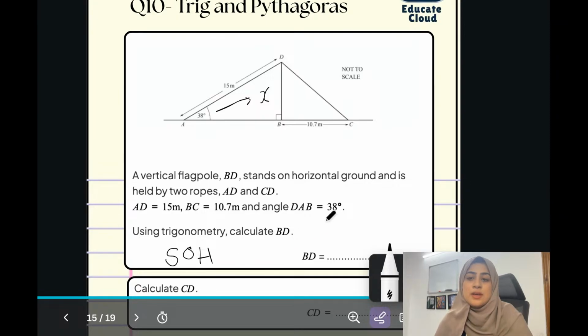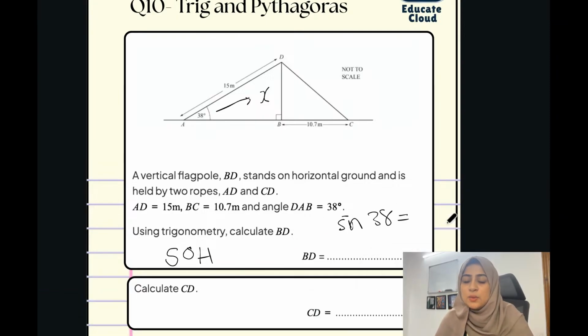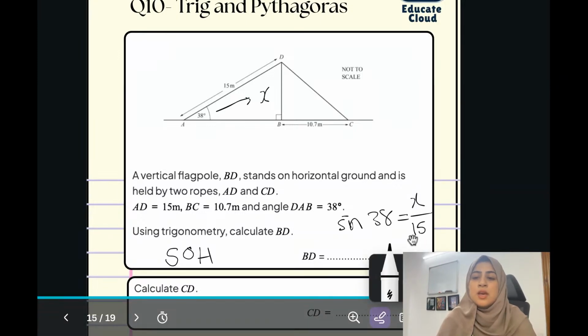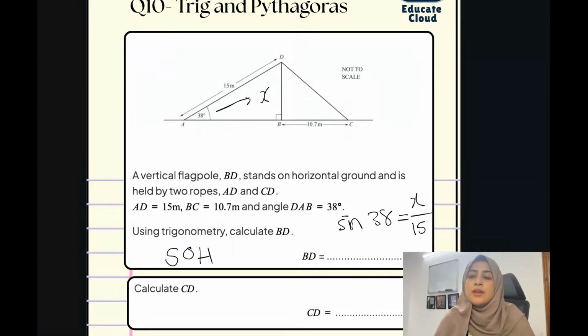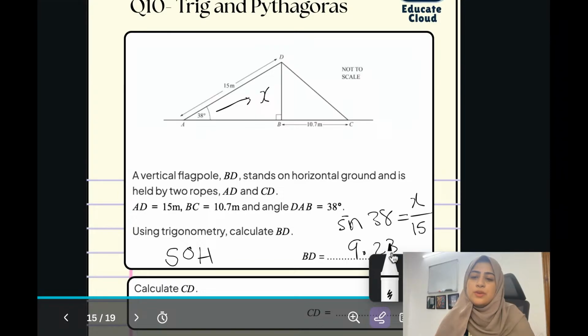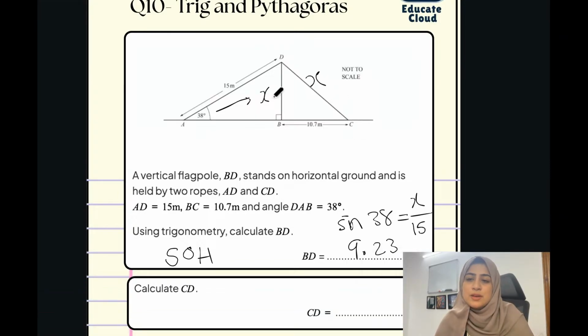Now we know that sine of 38 is equal to the opposite, which we're finding out, over the hypotenuse, which is given. So to find x, we would need to do 15 times by sine of 38, which is equal to 9.23. Now we have to calculate CD. Now we know that's 9.23, to calculate CD, we just need to do basic Pythagoras.